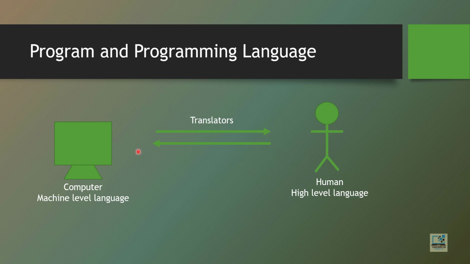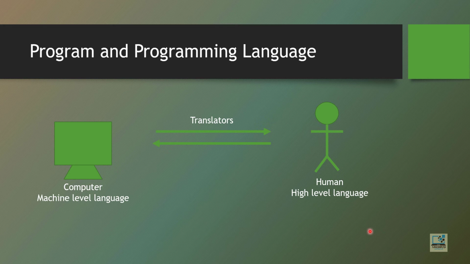This translator program converts human language to machine language and machine language to human language. So now we can give instructions in our language and the translator can convert it to the language of the computer, and then the output which the computer gives can also be converted back to our language.